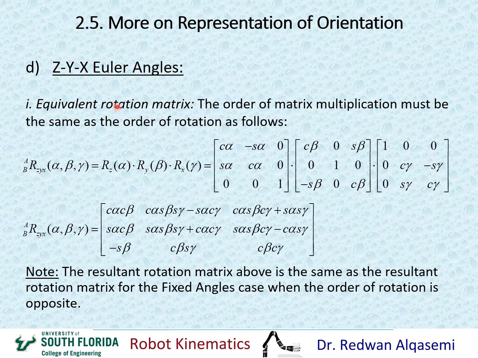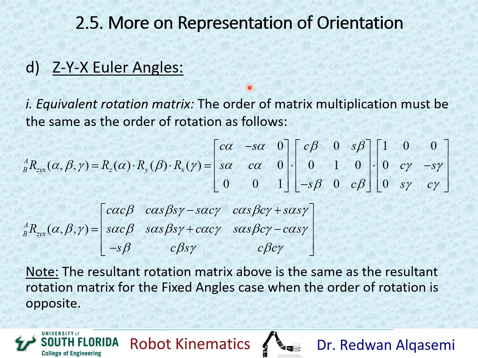It doesn't matter for how many rotations we keep going. As long as we're doing Euler angle convention, when we try to find the resultant rotation matrix after all these rotations, we always have to multiply the corresponding rotation matrices in the same sequence as the sequence of rotation. Okay, that's Euler angles.